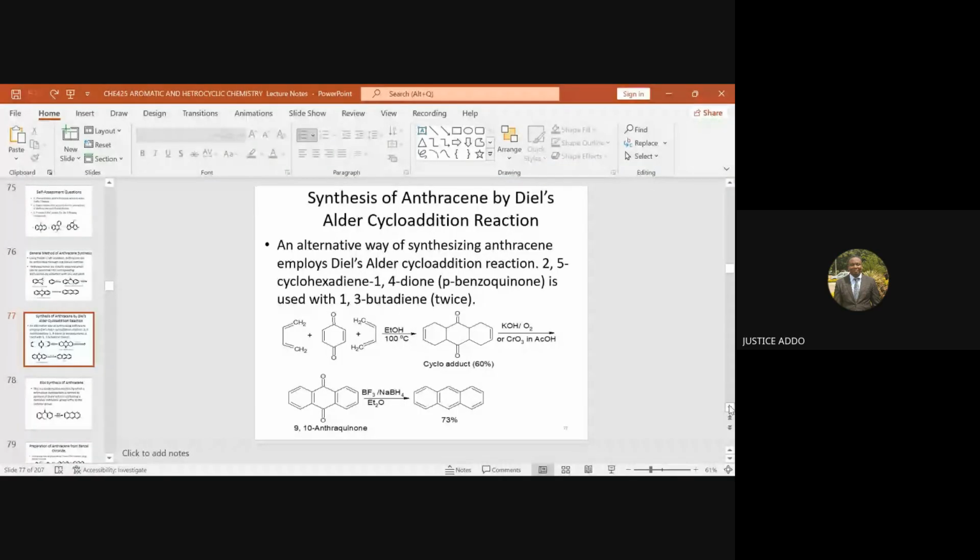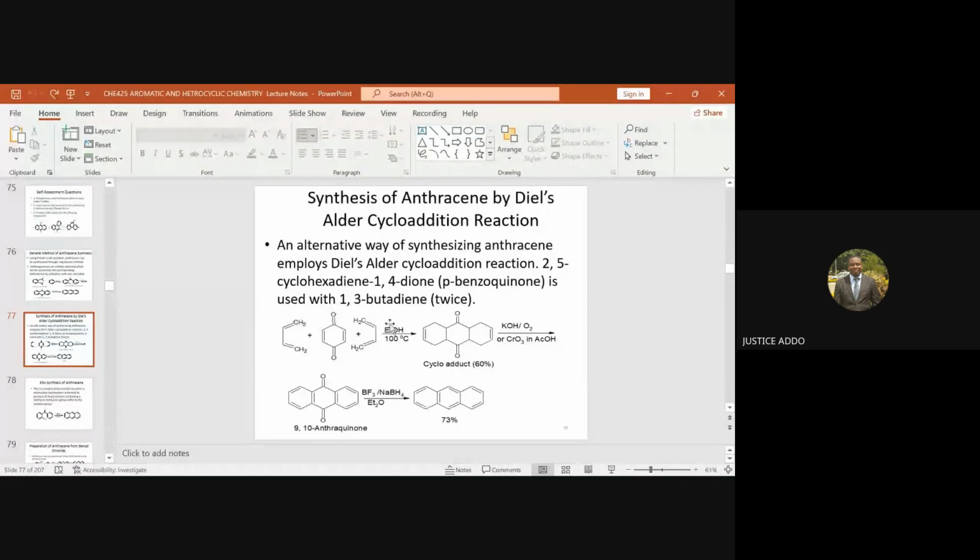There's a second method, which is the cycloaddition reaction. Okay, that is just having two dienes. This is a diene, this is a diene, and then you have a 1,4-dione.